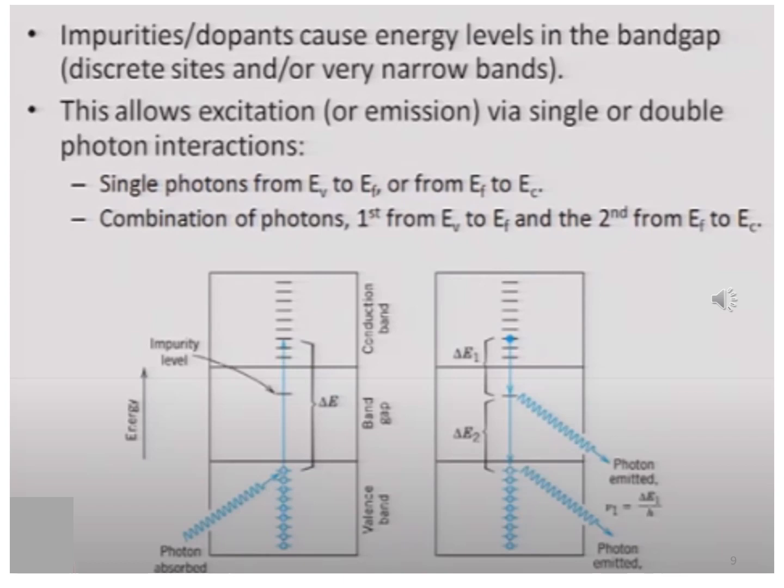That means there are not too many impurity atoms. Like, out of 100%, you add only 1% impurity, so there are not so many impurity atoms, so it cannot form a band. The impurity will work like an energy level, but there are not too many energy levels in this vicinity, so it cannot form a band. There may be one or two levels.